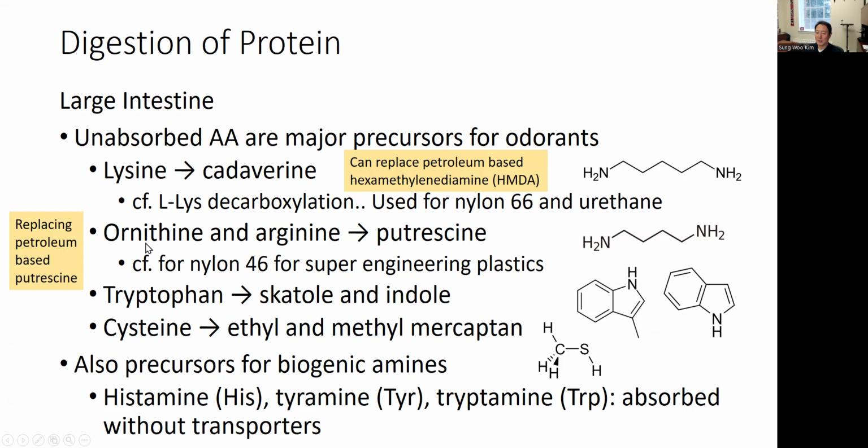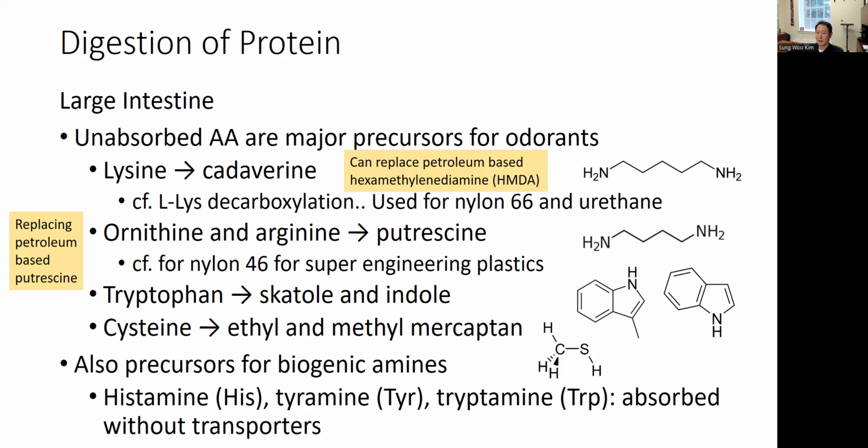Other amino acids like ornithine and arginine can be fermented by bacteria and converted to putrescine. Putrescine also causes an unpleasant smell, odor.